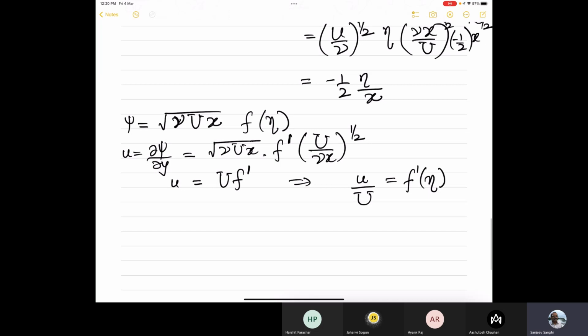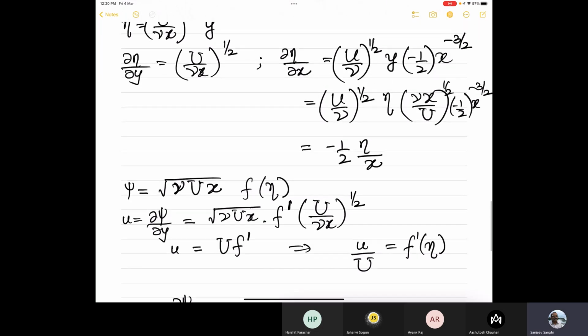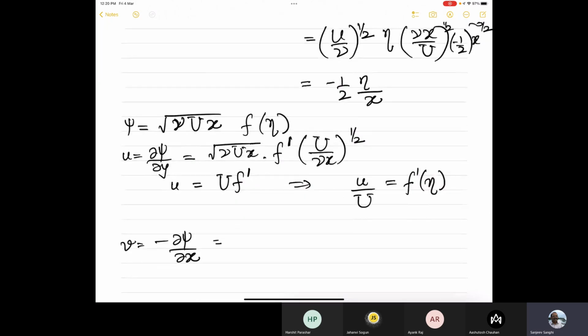Now similarly, we need to find the equation for v. v is equal to minus partial psi by partial x, and this becomes equal to, now let's differentiate this. So first term will become square root of nu U times square root of x.